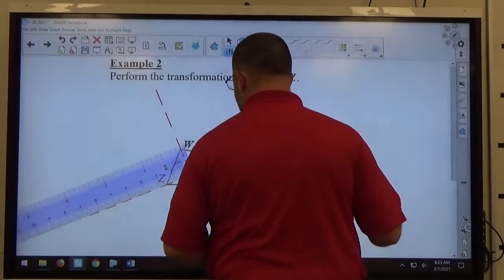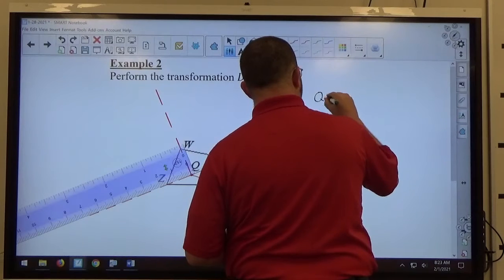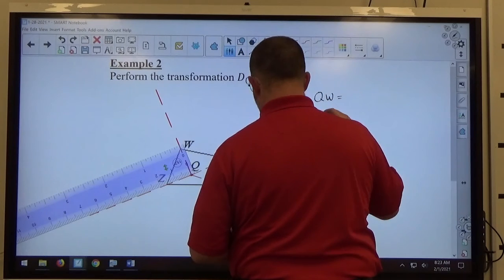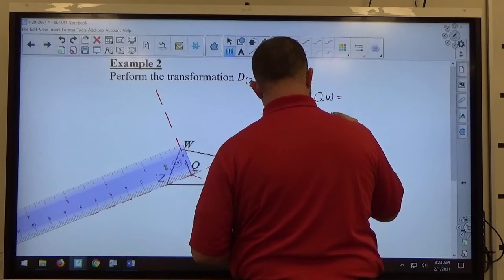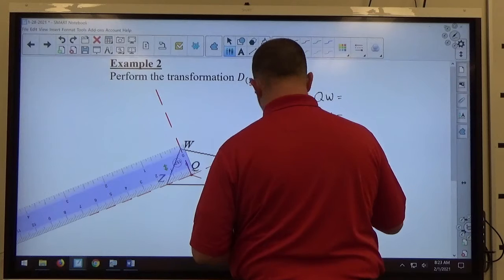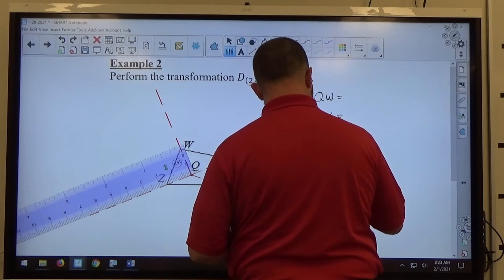So I'm interested in what QW is some length and QX is some length and QY is some length and finally QZ is some length.